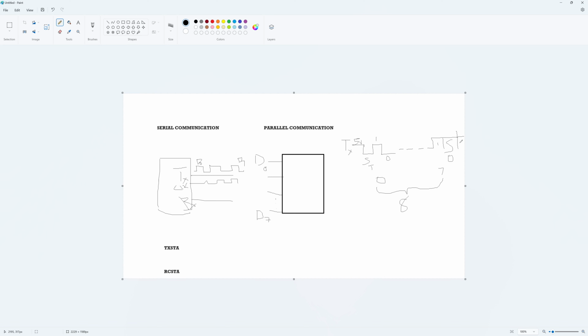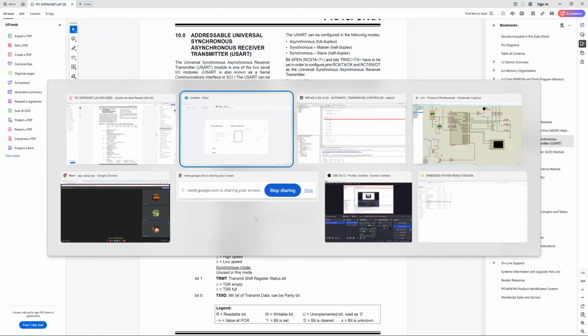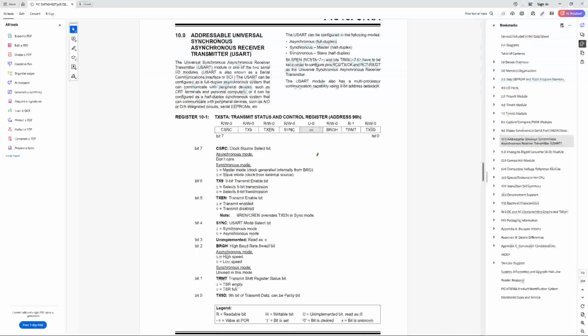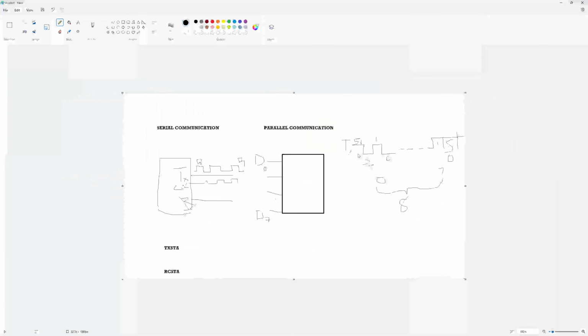This is the data, and this is the timing diagram of UART communication. 5 volt is the idle condition; the TX pin will always be high when there is no data communication happening. Then suddenly, if the microcontroller sends something, it will go low, and that is treated as the start condition.